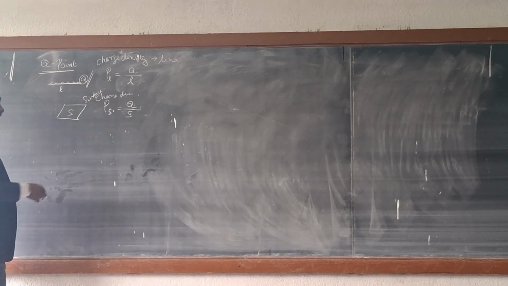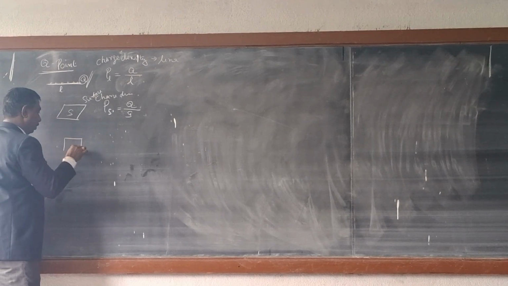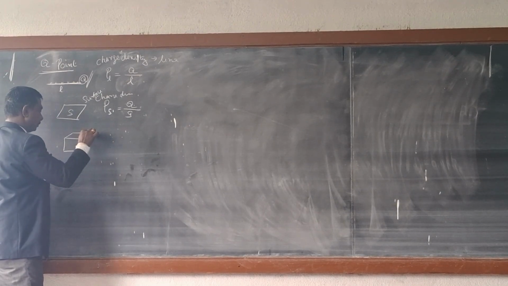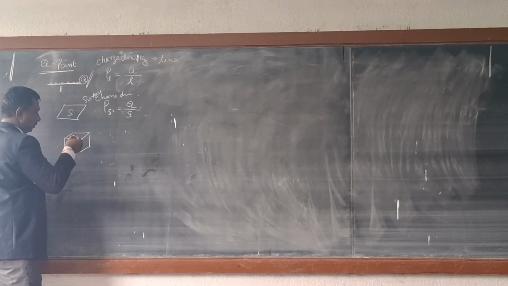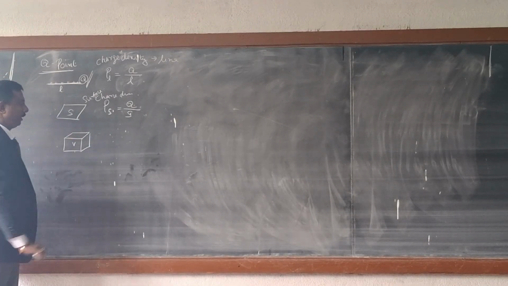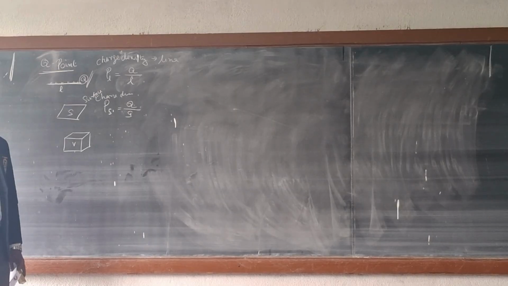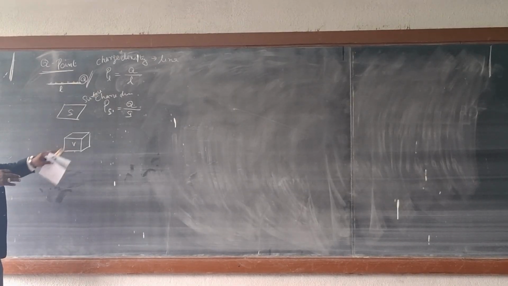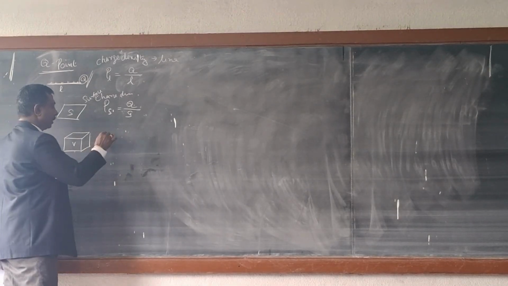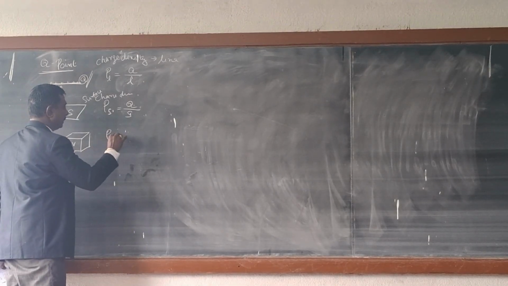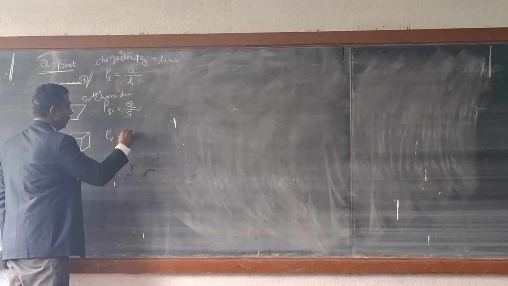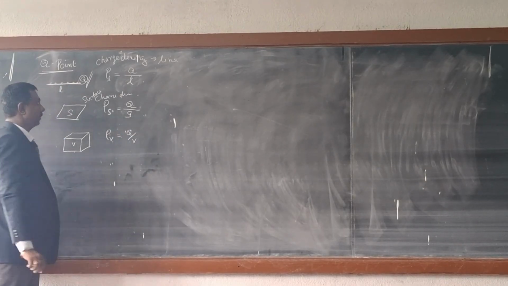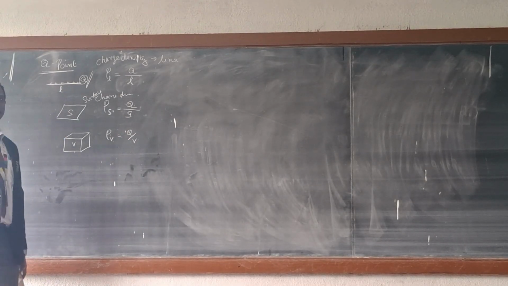In a similar way, you take a volume. Let the volume of this cube be V. Let us assume charge is distributed in that volume. So volume charge density is nothing but Q by V.